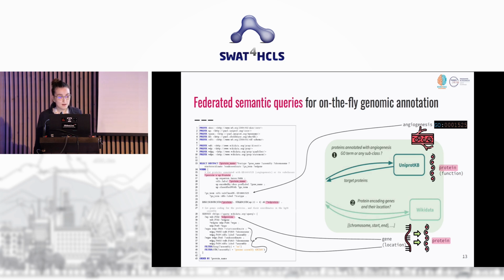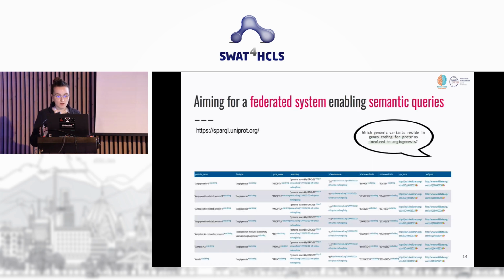And then I retrieve proteins that are tagged with the GO term angiogenesis, line 22. And then I bridge that towards Wikidata and retrieve the gene coordinates, which are start and chromosome, and also the genome assembly we were specifically interested in. This is just the result you get on UniProt running that query.